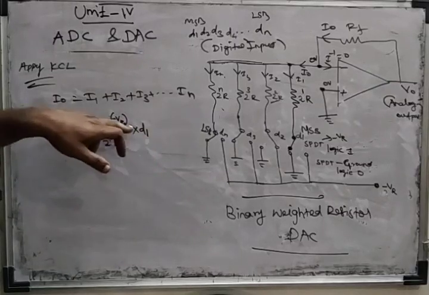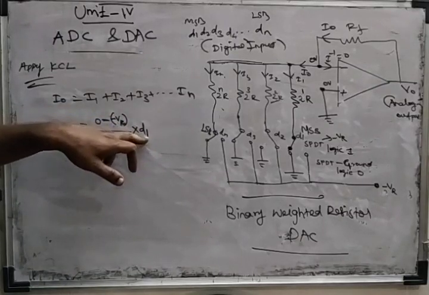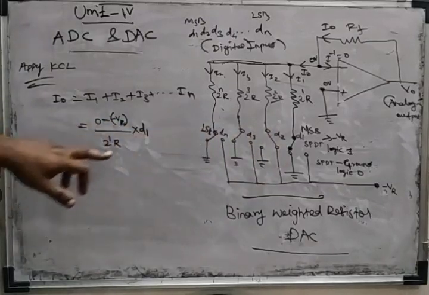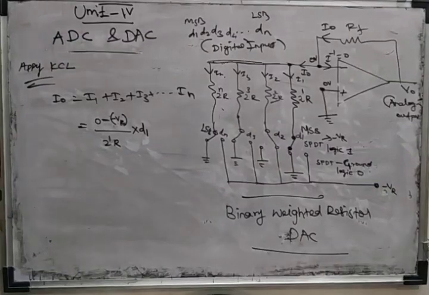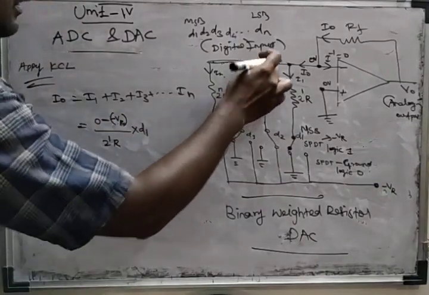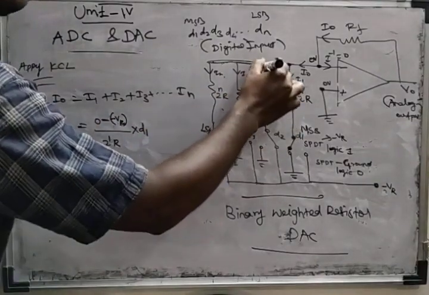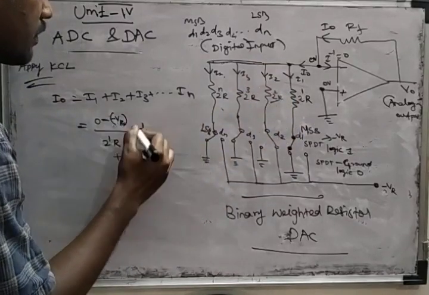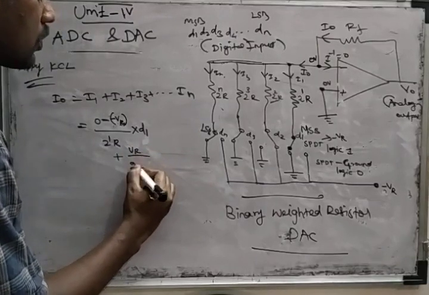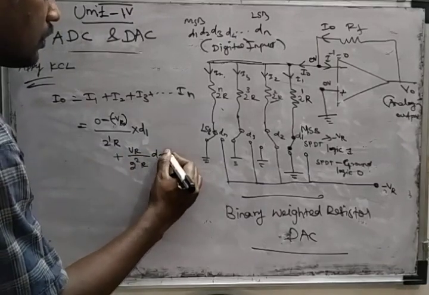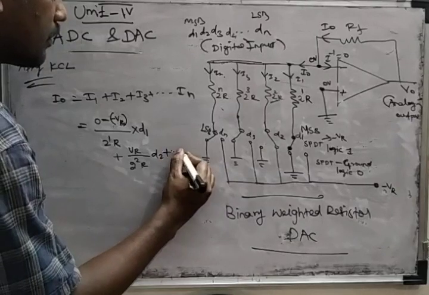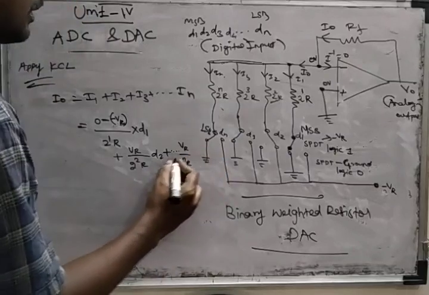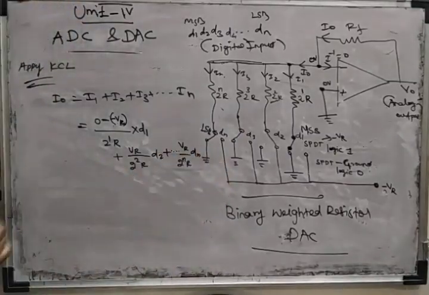If it is connected to VR, D1 is 1. If it is connected to ground, D1 is 0. Similarly, for this branch you will get plus VR by 2 square R into D2, up to VR by 2 power n R into Dn.